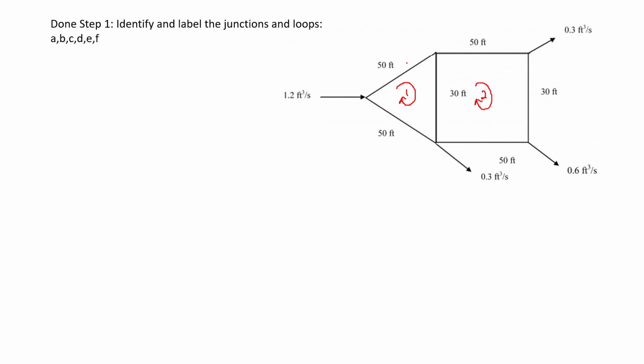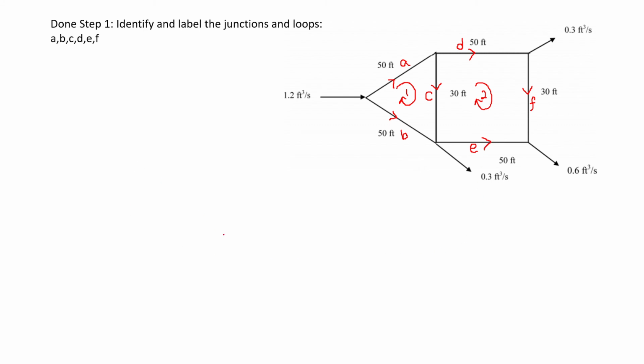You label the pipes A, B, C, D, E and F. The direction that you determine depends on the loop. This flows like this, this goes downwards, and this moves in this direction.